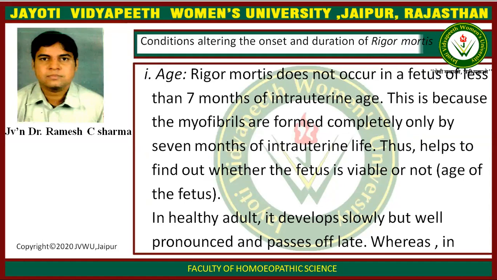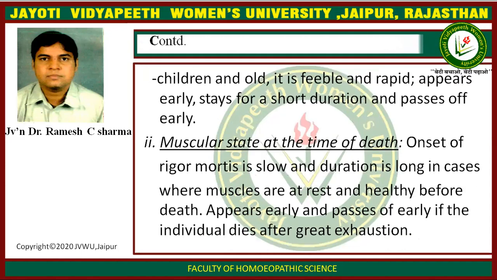In a healthy adult, it develops slowly but is well pronounced and passes off late. Whereas in children and the old, it is feeble and rapid. It appears early, stays for a short duration and passes off early.